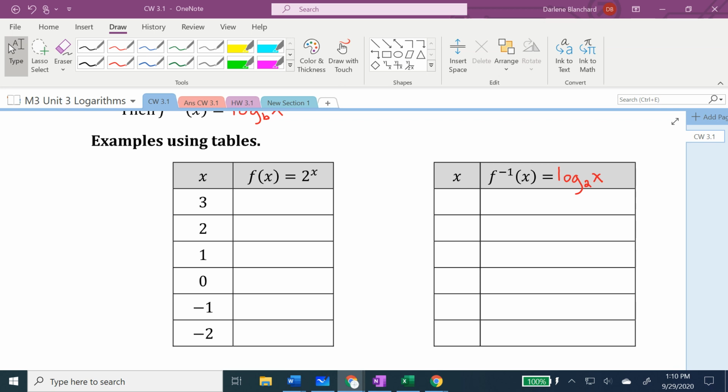I'm checking chat. 8. If x is 2, what is 2 squared? 4, good. When x is 1, what is 2 to the 1 power? Good, 2. When x is 0, what is 2 to the 0 power? 1. When x is negative 1, what is 2 to the negative 1? When I write it without negative exponent, good, 1/2. And what is 2 to the negative 2 power? 1/4.